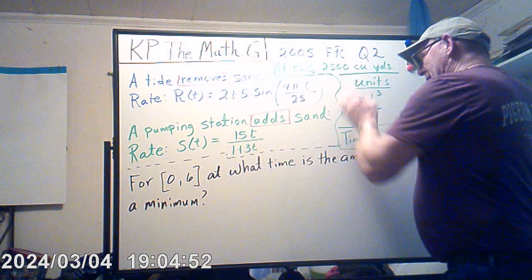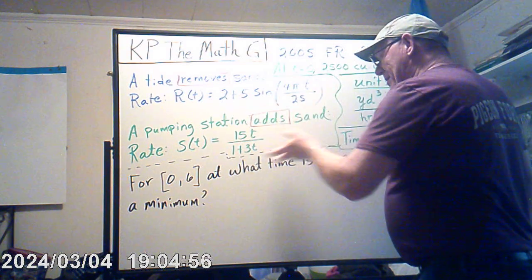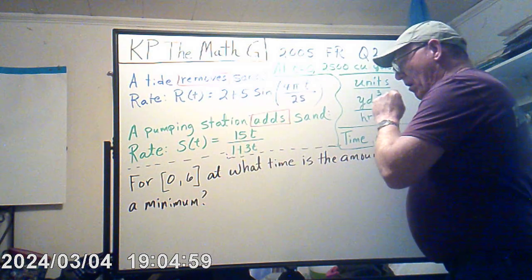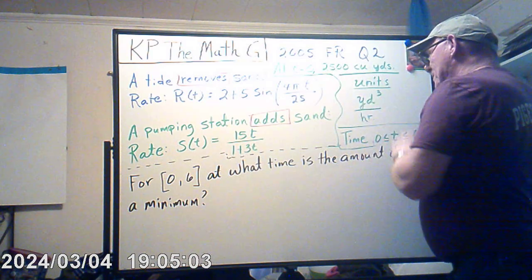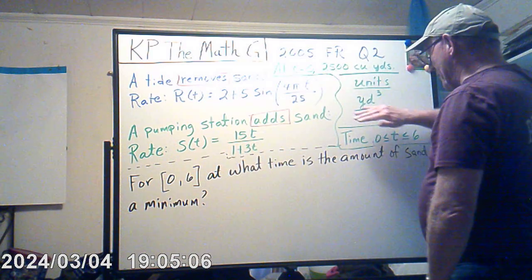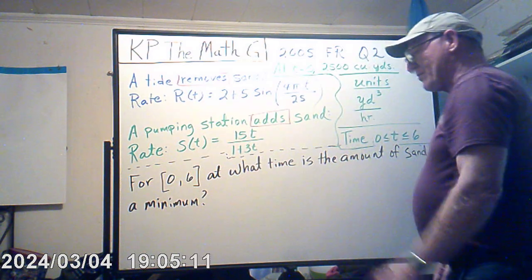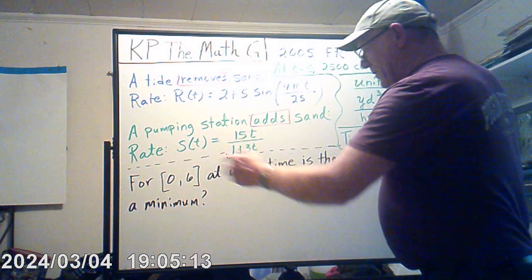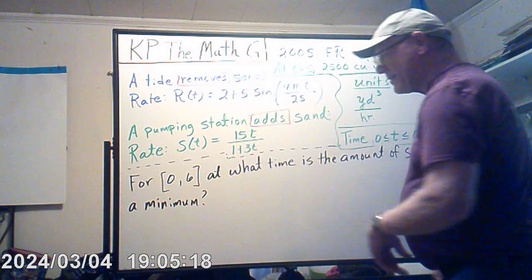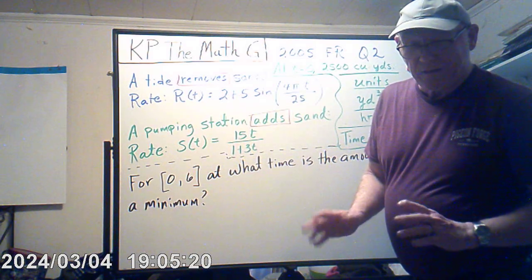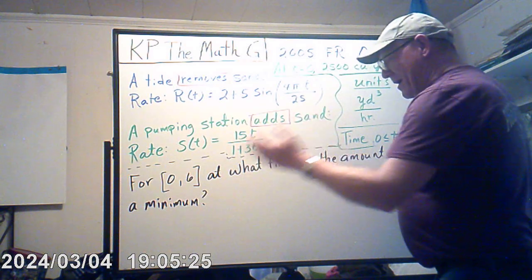Our units, as far as rate goes, are cubic yards per hour. If you're just talking about the amount of sand, it's just cubic yards. For t between 0 and 6, including 0 and 6, and there's a reason why we have to include 0 and 6, at what time is the amount of sand a minimum?